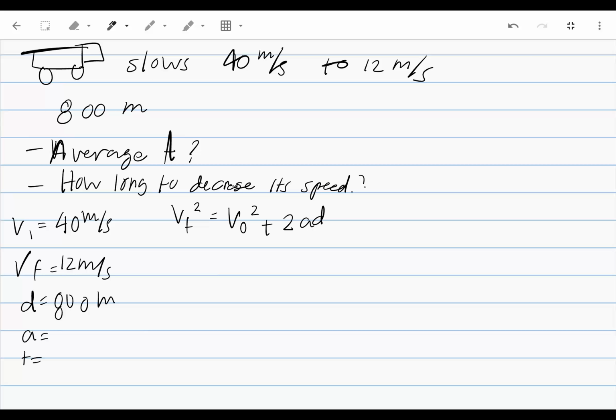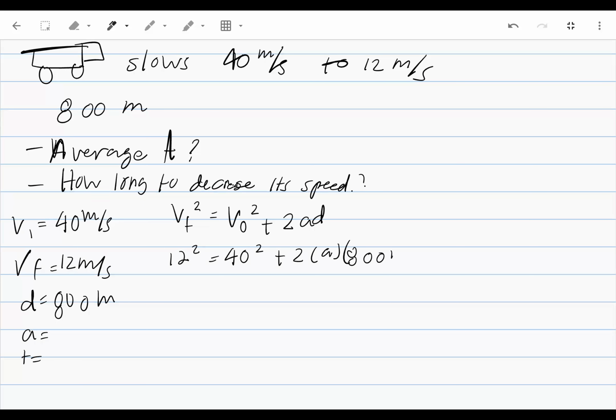Here you would plug in your final, which is 12 squared equals 40 squared plus 2 times a, because that is what we're trying to find, times your distance, which was a total of 800 meters. So all you want to do now is isolate a.